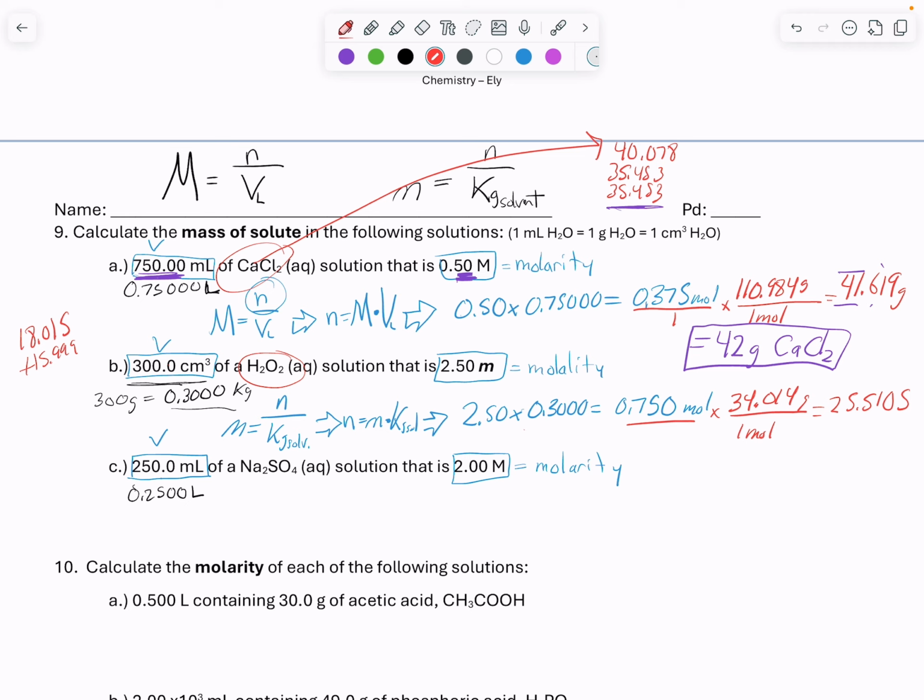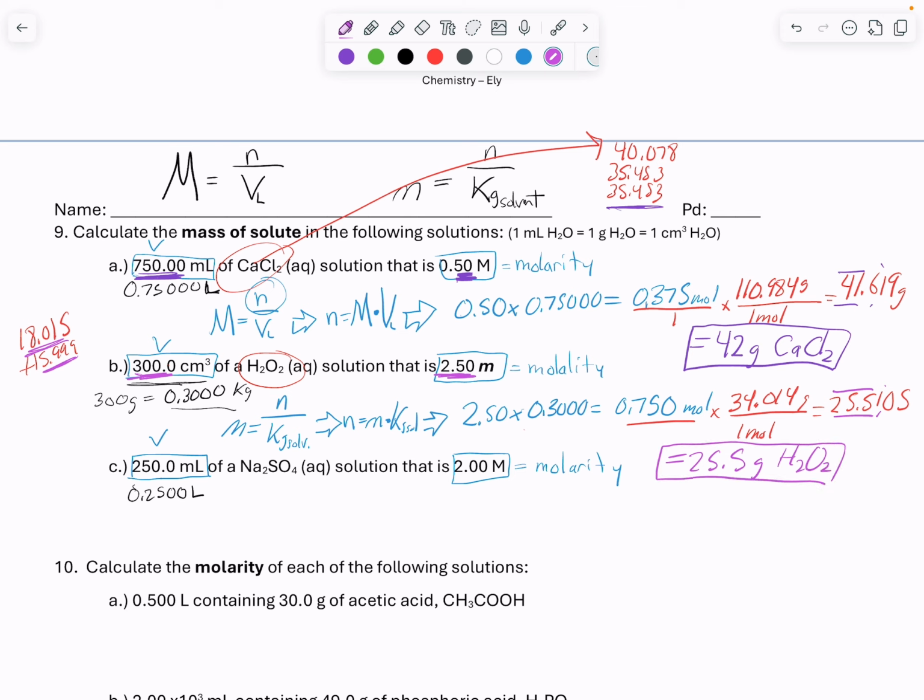If you look at your sig figs once again, always look back at your sources. I've got 3 here, 4 there, and my molar masses are 5 each, so 3 is my least. I look at my first 3, the 1 can't change it, so my final answer becomes 25.5 grams of hydrogen peroxide.